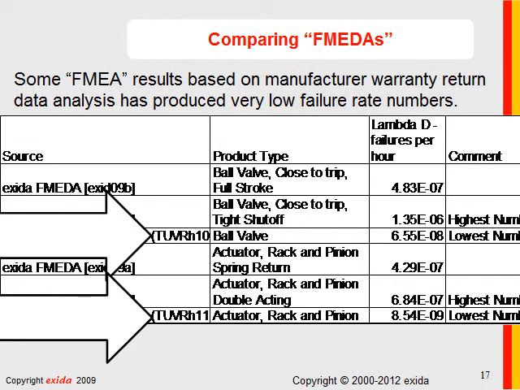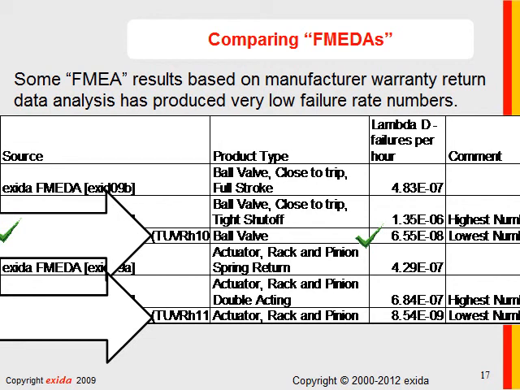Check questions. Nothing new? Okay. However, on line number 3, there's another number for a ball valve: 6.5 times e to the minus 8. That's almost an order of magnitude lower than the lowest number we've seen so far.